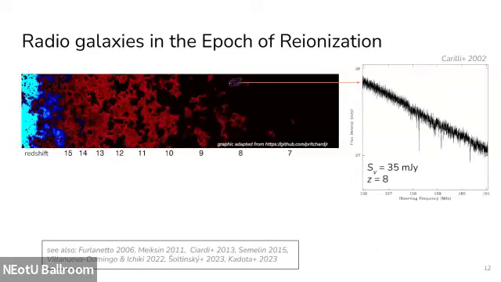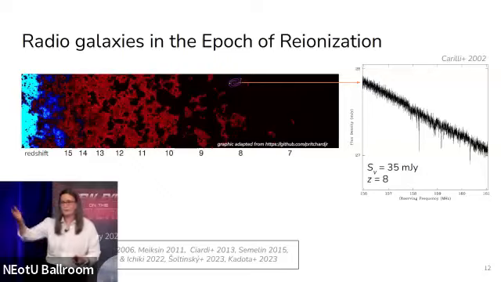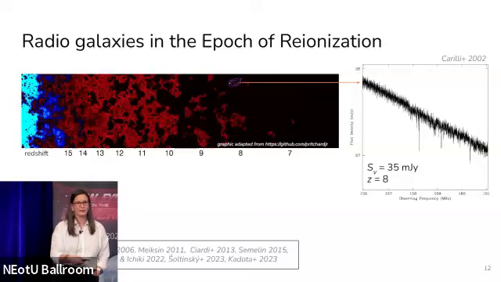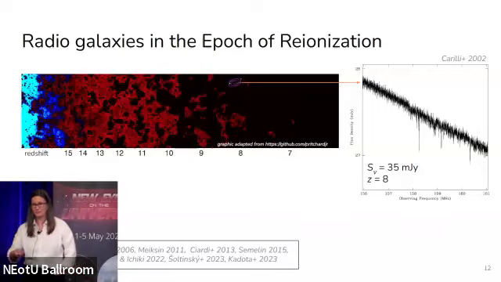So this is a simulation of a galaxy at a redshift of 8, and essentially the idea here is that if you find a bright enough background radio source, then you can see a 21 centimeter forest, kind of like the Lyman alpha forest you would see in optical, of the intervening gas that's absorbing the HI. But this requires you to be in the epoch of reionization, so you have this gas in front to actually do the absorption.